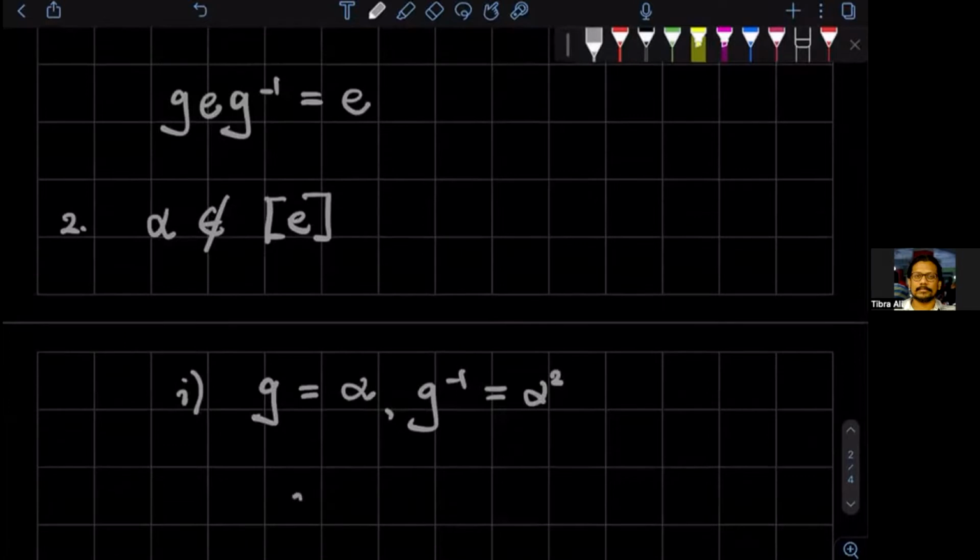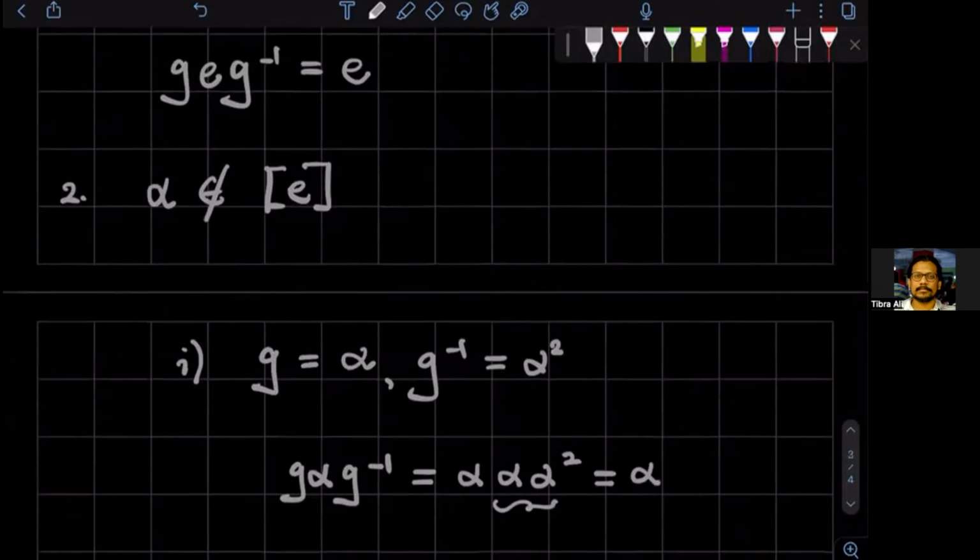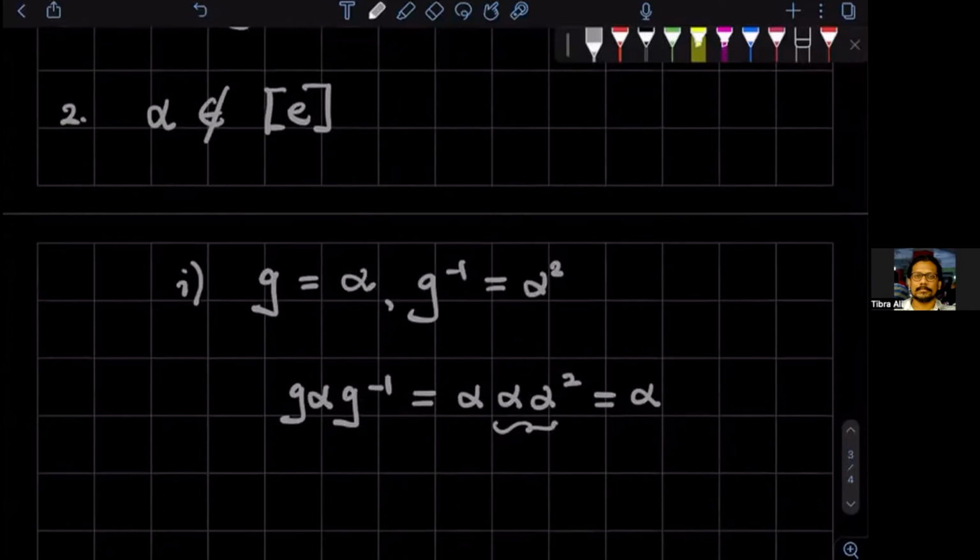So then we have G alpha G inverse. This is going to be alpha times alpha squared. But we know that alpha cubed is the identity element. So this is alpha. So we see that conjugating by alpha does not give us any new element.